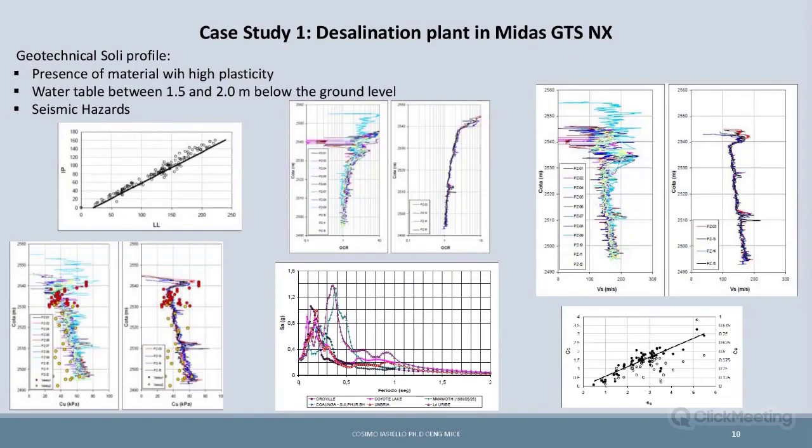These are the values of the seismic velocity. We have about 200 meters per second in almost 45 meters. And this is the distribution of the undrained shear strength with depth. As you can see, it is 50 kPa, more or less.